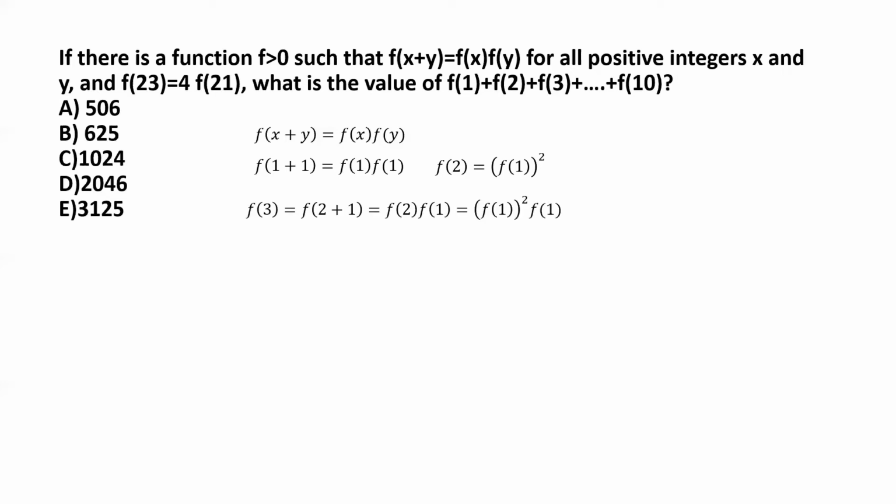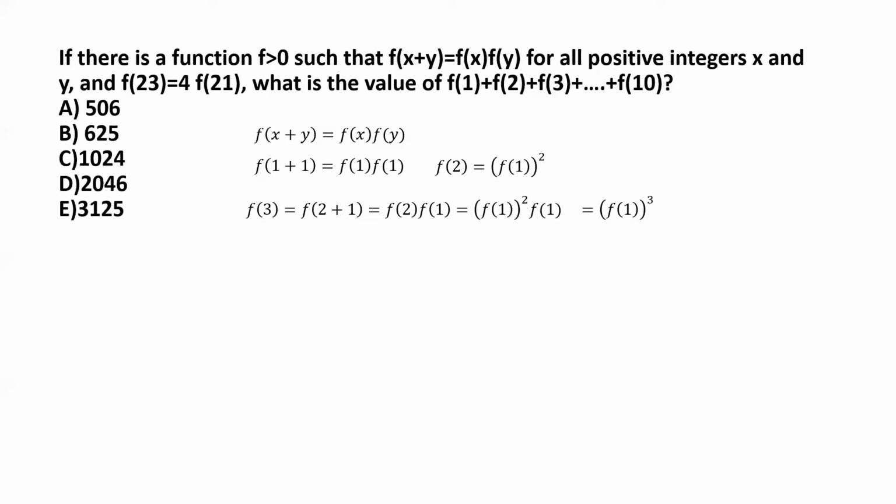Similarly, we can write f(3) as f(2 plus 1), which is f(2) multiplied by f(1). If we substitute f(2) equal to f(1) square, we get f(1) square multiplied by f(1), and that turns out to be f(1) whole to the power 3.